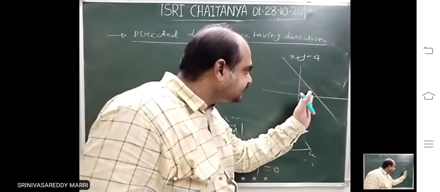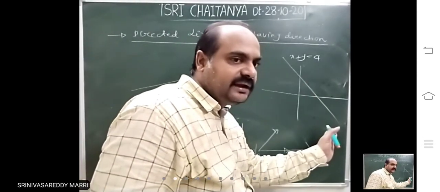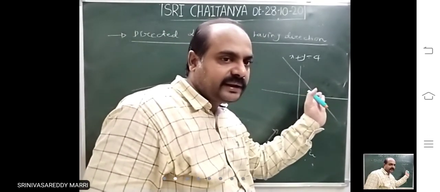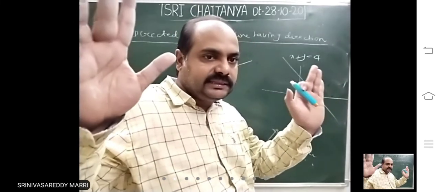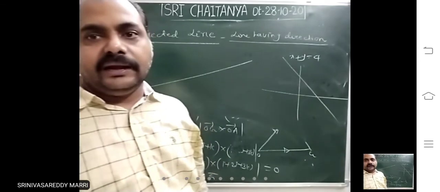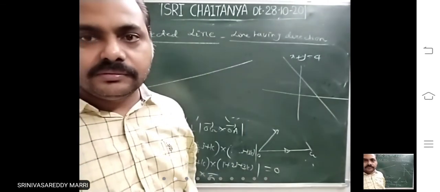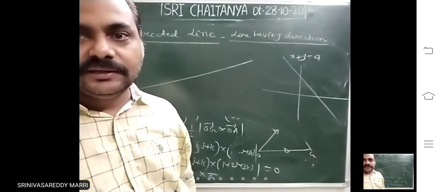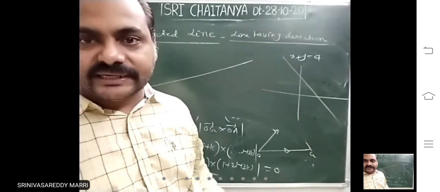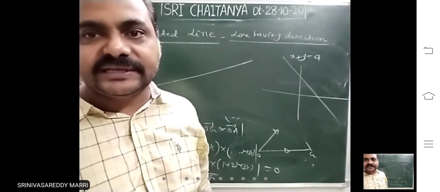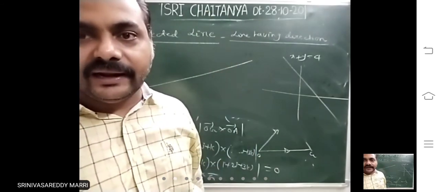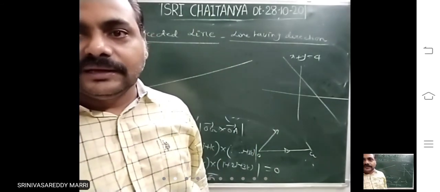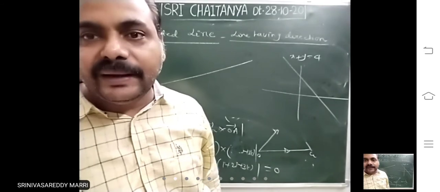If you are drawing the x-axis and y-axis and the line, then it will be on your paper. If it is not in the XY plane, then it will be in space. Space means it will not be on your paper.